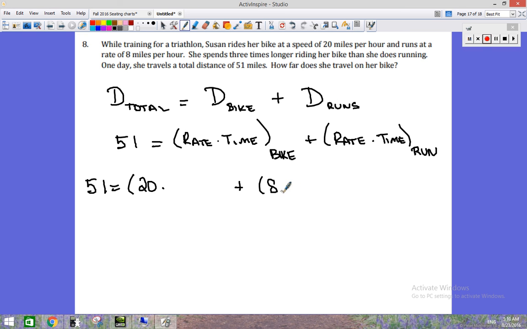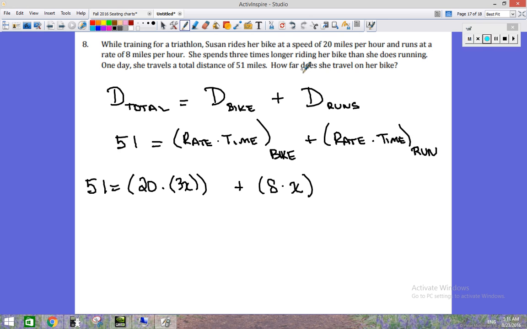So if we let x be the time that she runs, then the time that she rides her bike is 3 times x. Had we said this was x, then over here we'd have x divided by 3, so just to avoid a fraction in my equation, I'm going to let x be the length of time that she ran.